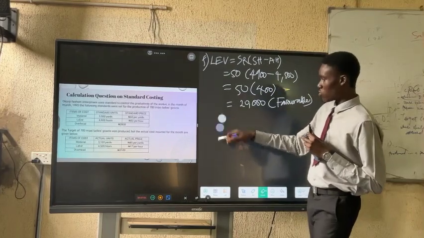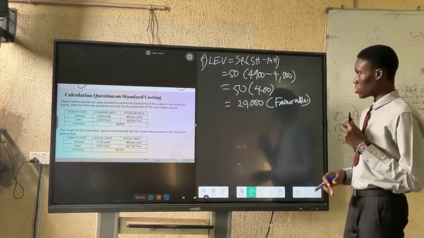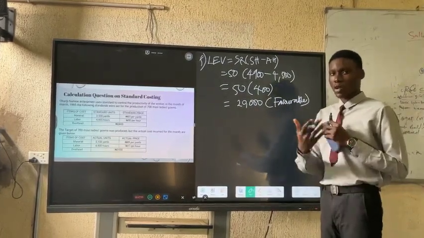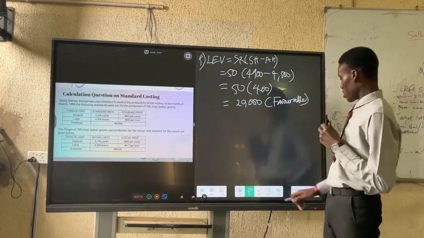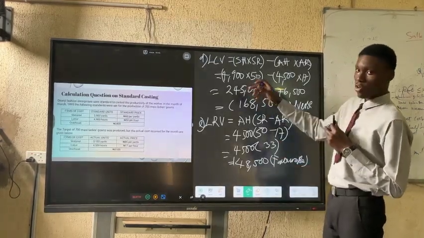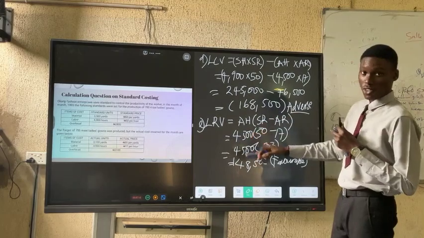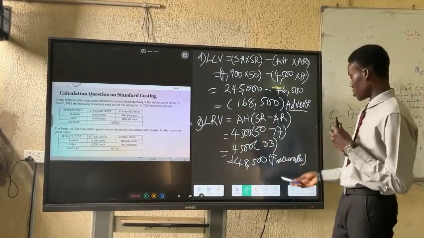So I want to show you guys something again. You know the other thing I told you when we were solving for material, we know the same thing for labor: our labor cost variance is the addition of our labor rate variance plus our labor efficiency variance.